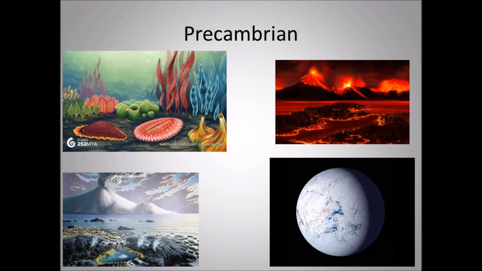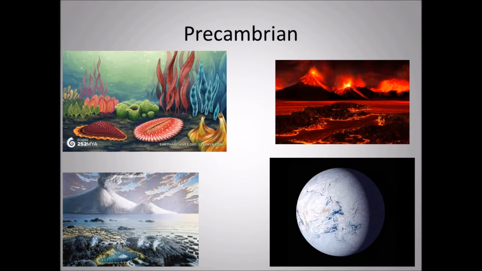We'll start with the Precambrian era. The Precambrian era pretty much starts 4.6 billion years ago, and that's pretty much when Earth actually started. Earth is 4.6 billion years old, and I'm only going to show pictures most of the time in these slides, so you're not going to get too many words showing up here.